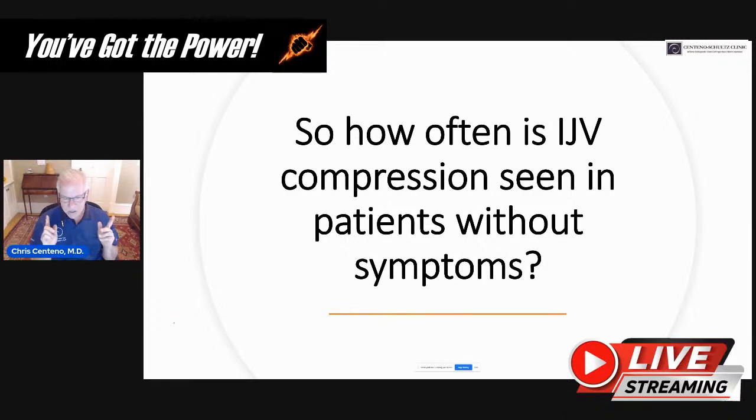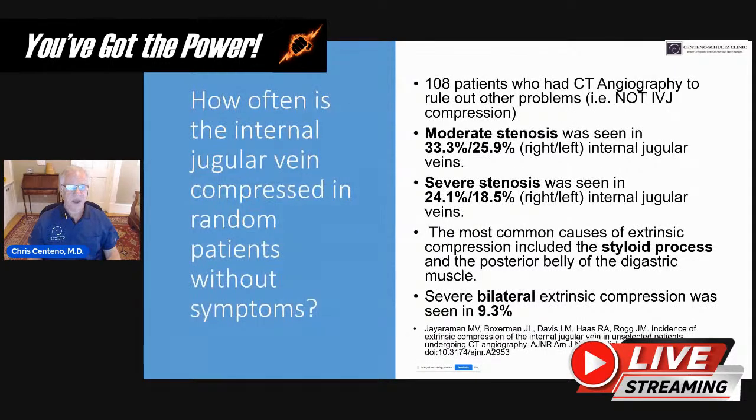So let's ask this critical question, and if you think you have this, you need to ask it: how often is internal jugular vein compression seen in patients who have no symptoms? Well, the answer is quite a bit, and this is the problem with this diagnosis.